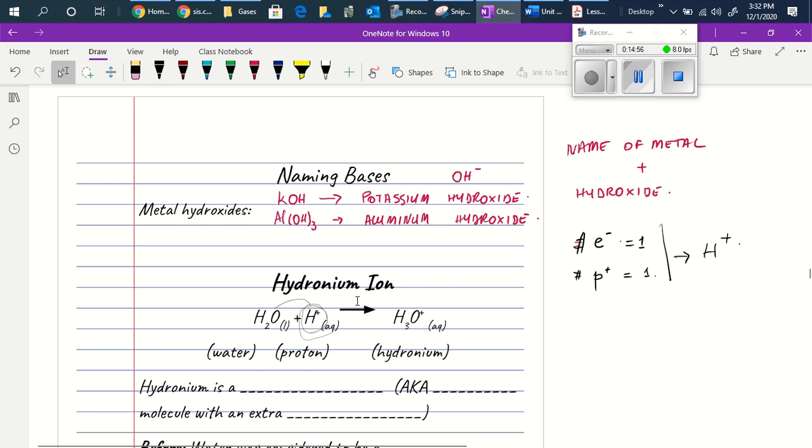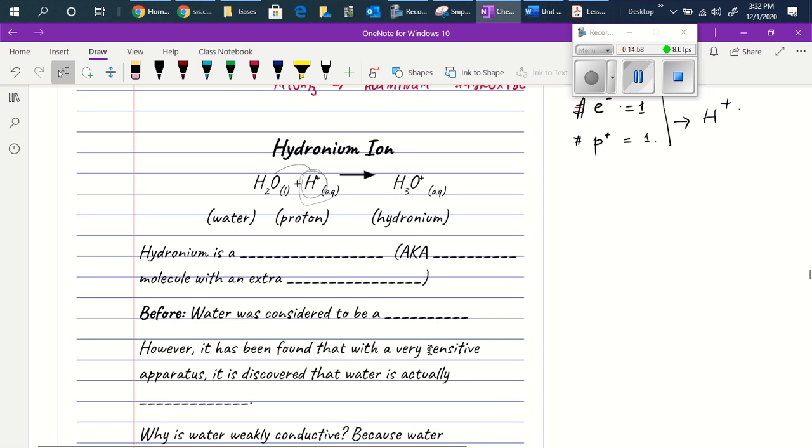You can call it a hydrated proton, which is a water molecule with an extra hydrogen ion.